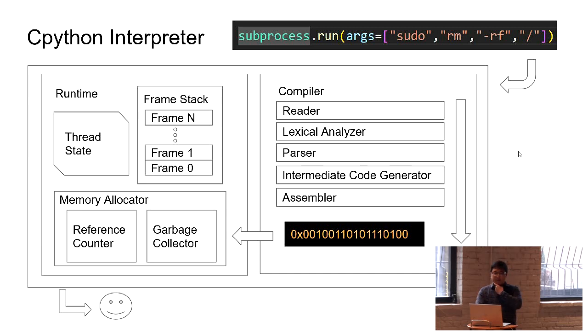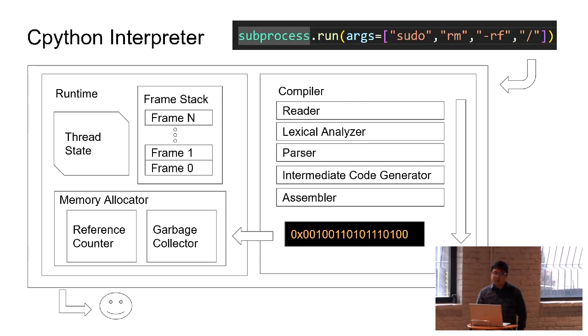How CPython works is that there's basically two parts. There's the compiler that converts any Python code into a bytecode, and then there's the runtime, which is the thing that actually runs the bytecode itself, and that actually executes the Python code.